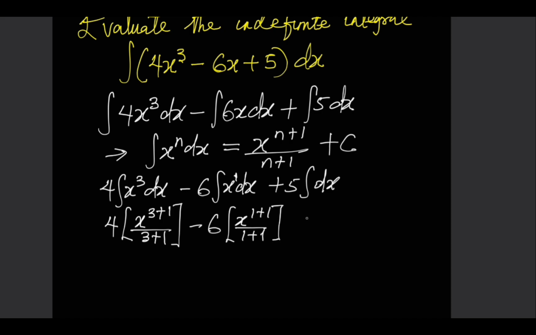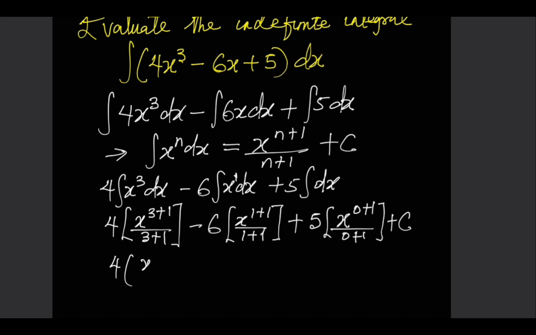Now, plus 5 times x to the power of 0. That 0 is your new n. So that's the value of your n, 0 plus 1, divided by 0 plus 1. And when you're done integrating like this, you add that c, the constant of integration. So let's finish up with this.